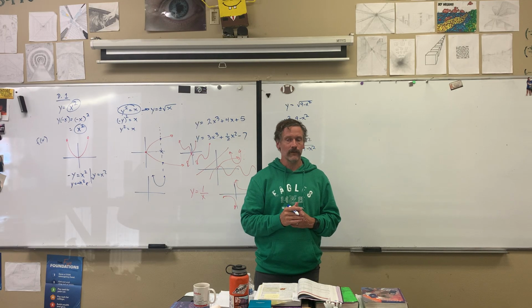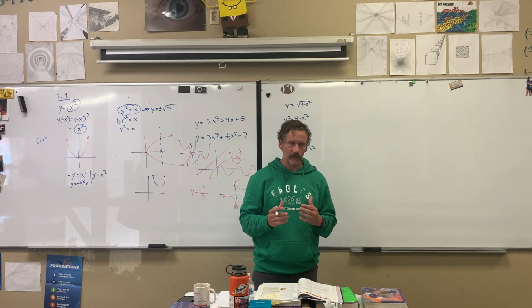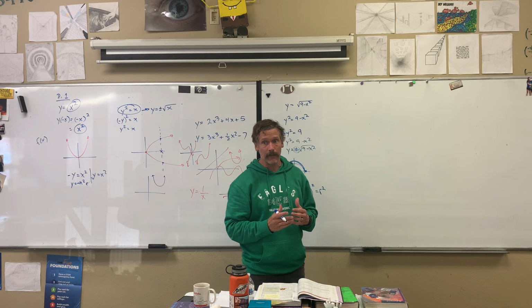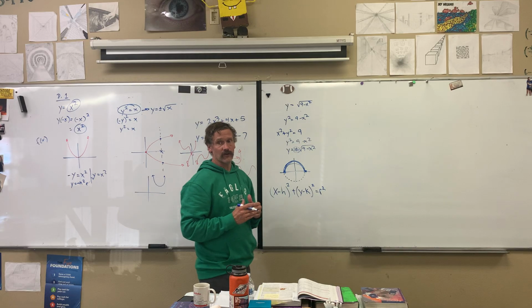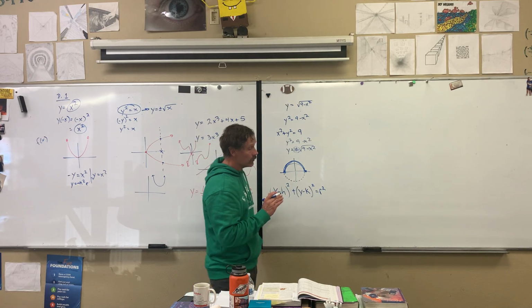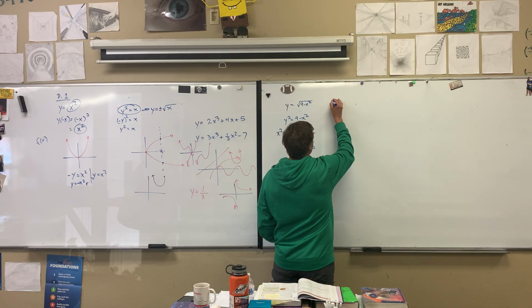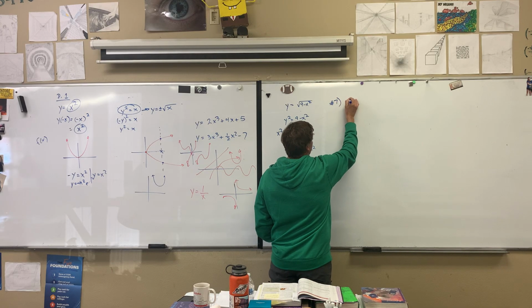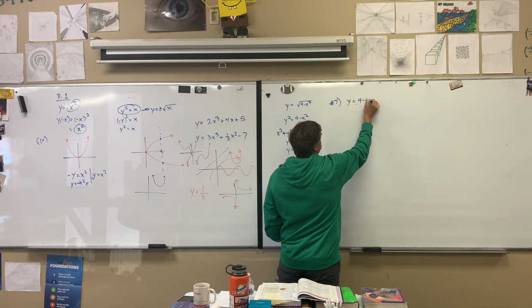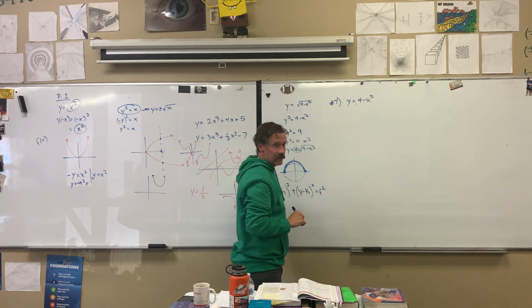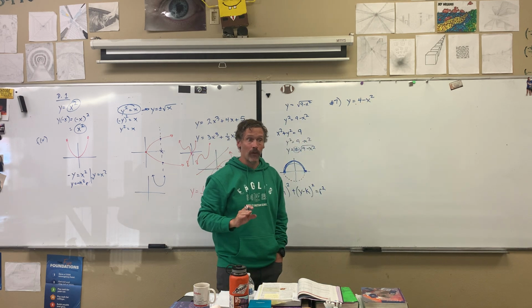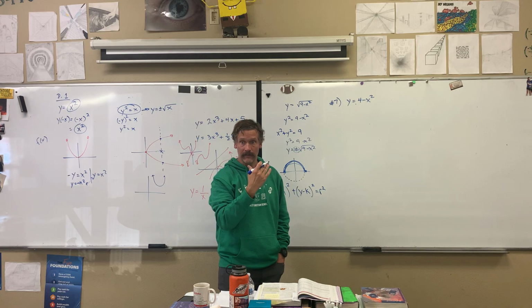If you want, you can. I'm okay if you want to use Desmos or your calculator, but you should be able to understand what the general picture looks like. On some of these, like number 7, you should be able to graph that without a calculator, even without plotting points.